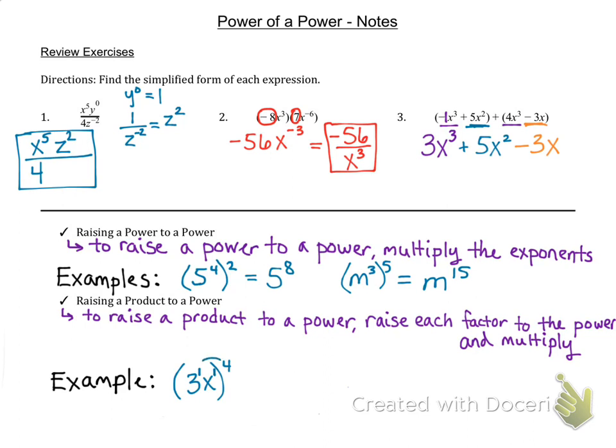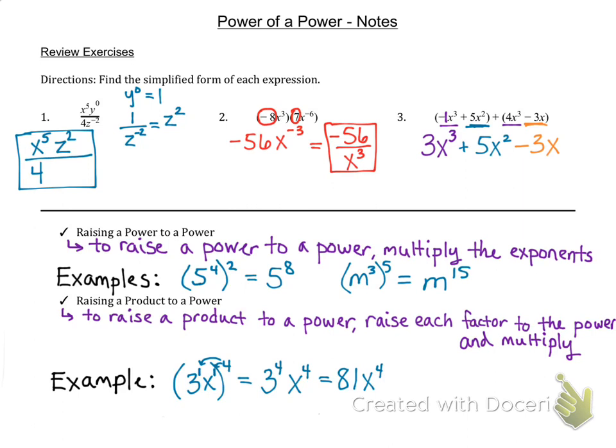And think of almost like we're distributing that 4 to each of those exponents. So now we're going to have 3 to the 4th power and x to the 4th power. So I did 1 times 4 and I got 3 to the 4th, and then I did 1 times 4 again and got x to the 4th. And then if we simplify that completely, that's going to give us 81 x to the 4th.